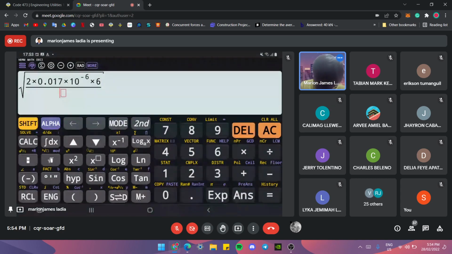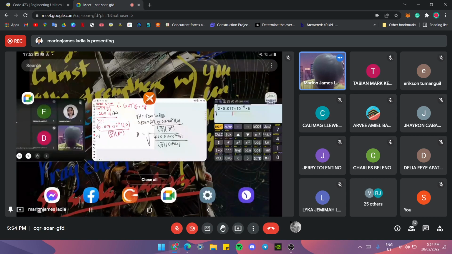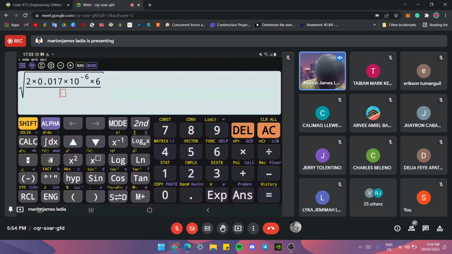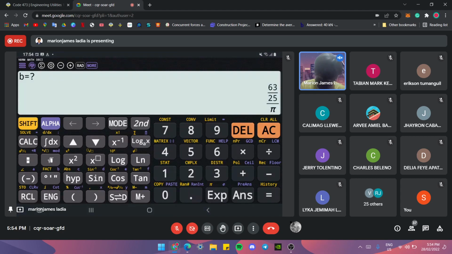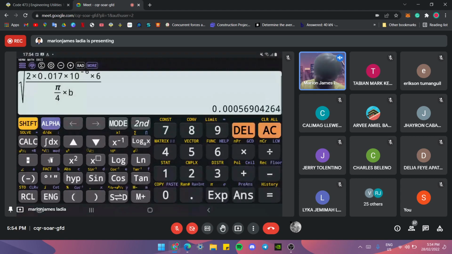So yan. Divided by pi over 4. Shift pi over 4 multiplied by alpha b. Kung in doubt kayo sa naka-store sa value nyo, mag-calc kayo para ipakita yung value ng b nyo. Set is equal to 0.005.